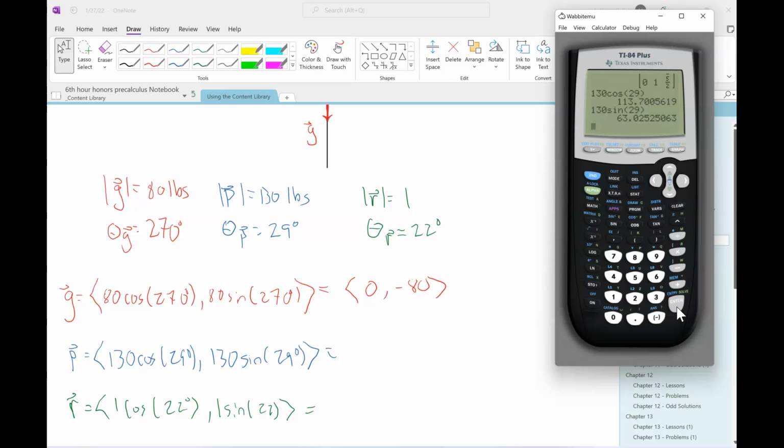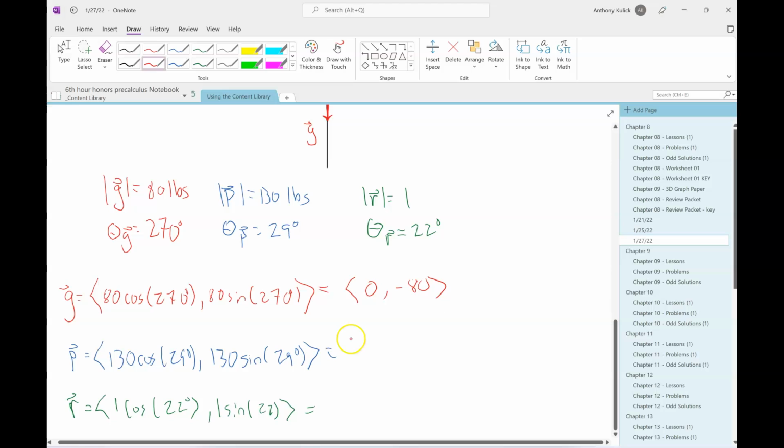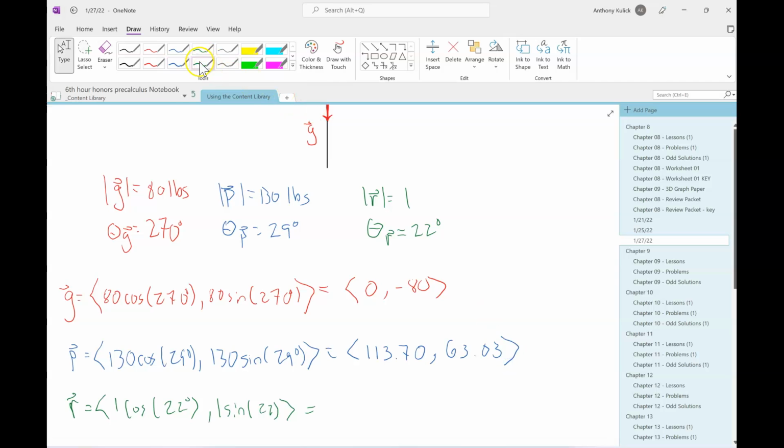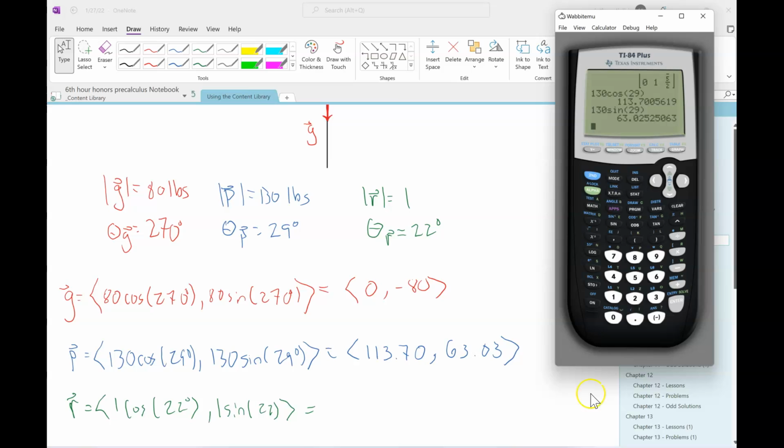So I got 11370 and 6303. And then my last one here, sine 22, so 0.93 and 0.37.